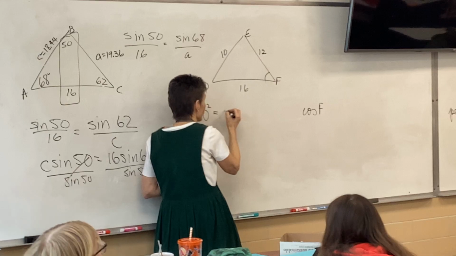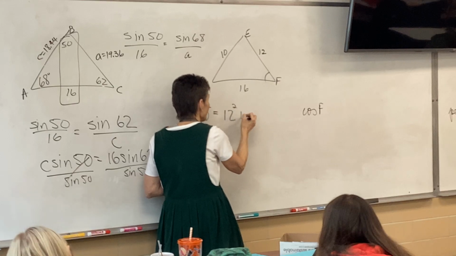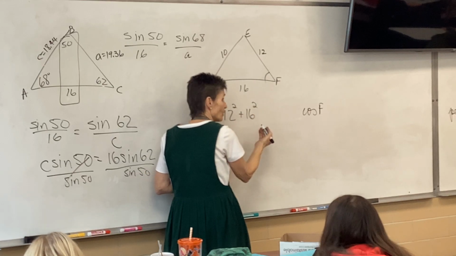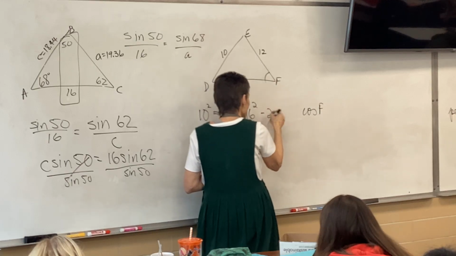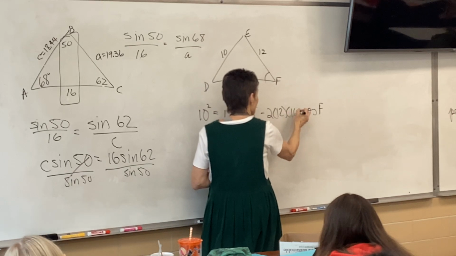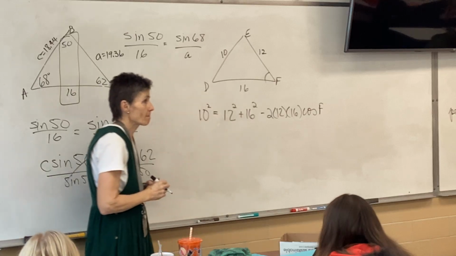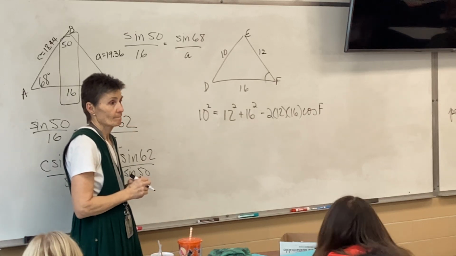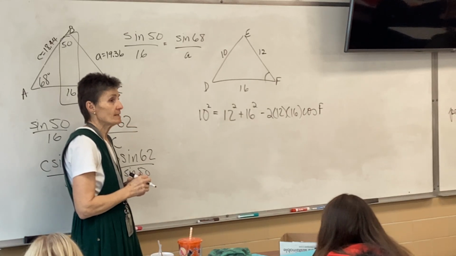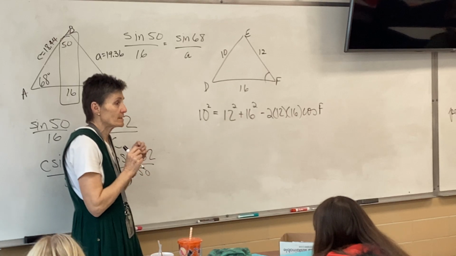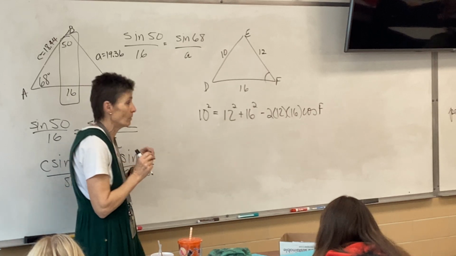So how does that work? 12 squared plus 16 squared minus 2 times 12 times 16. This is a trickier one to type in, so be careful.